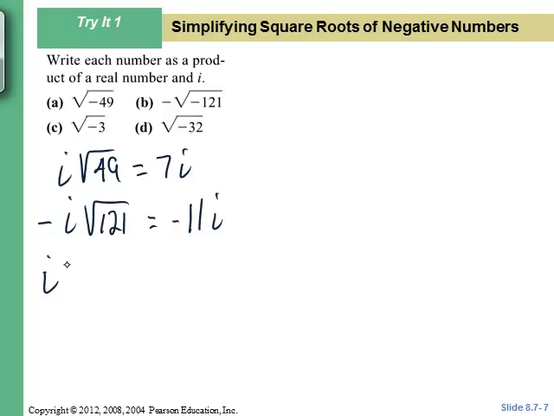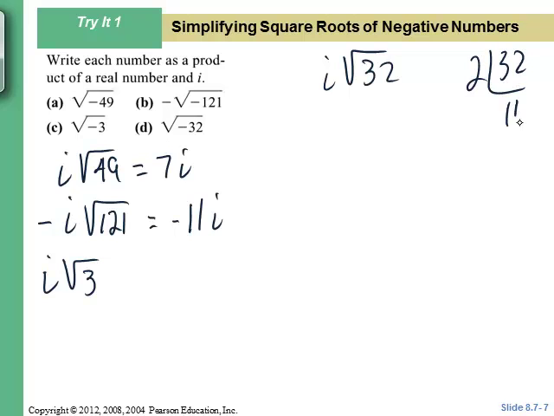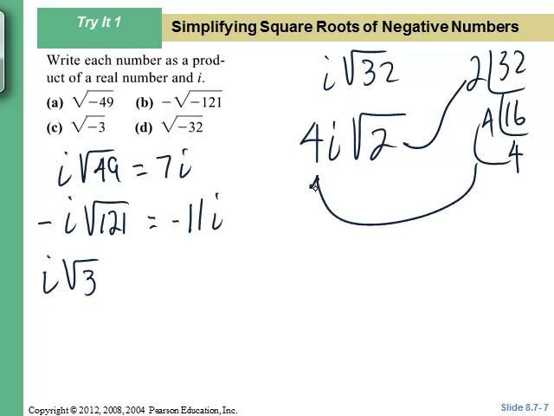C, it's i root 3. And D, it's i root 32, but 32 divided by 2 is 16, divided by 4 is 4. So that's 4i on the outside and 2 on the inside.